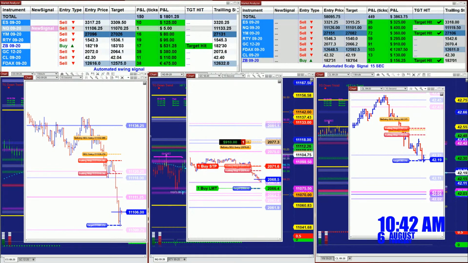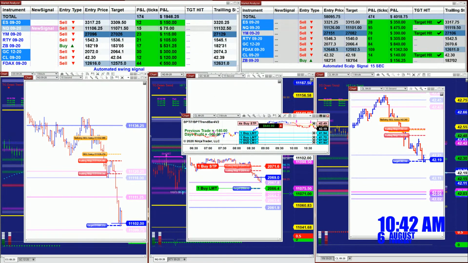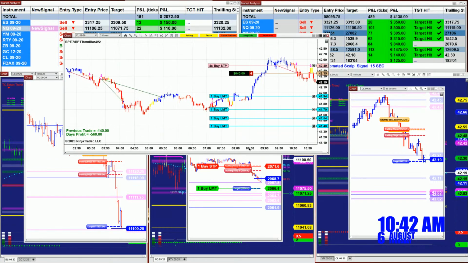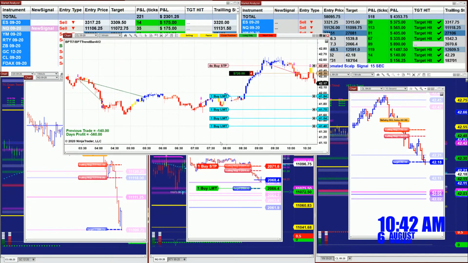On the TI7 auto trade, it's not the signal. Already is in the trade, and it is going beautifully.